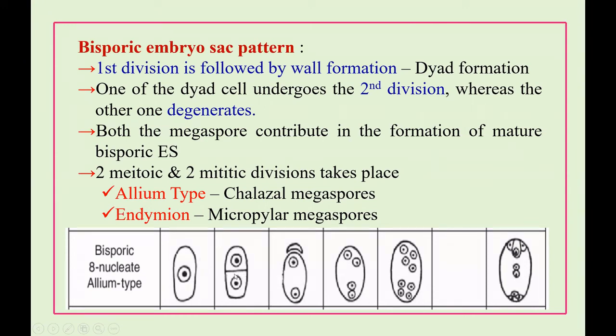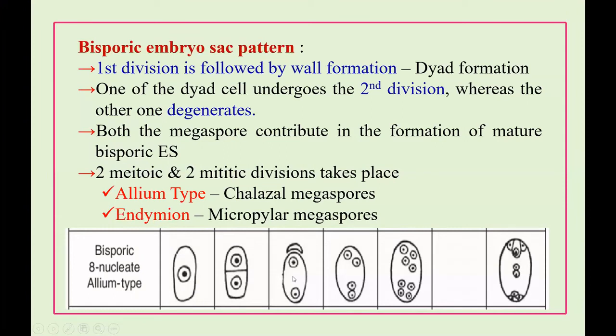It is followed by wall formation, so that a dyad is formed. 2 cells are formed, so it is called a dyad. One of the dyad cells undergoes the second division, whereas the other one degenerates. If you look here, one will degenerate, and the other will develop further. That means it divides further.